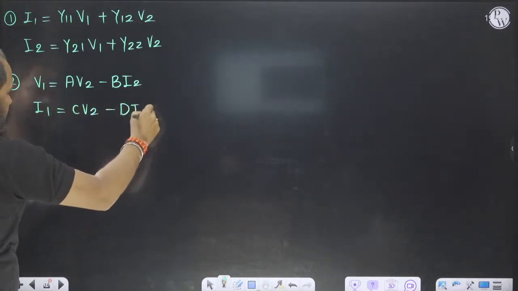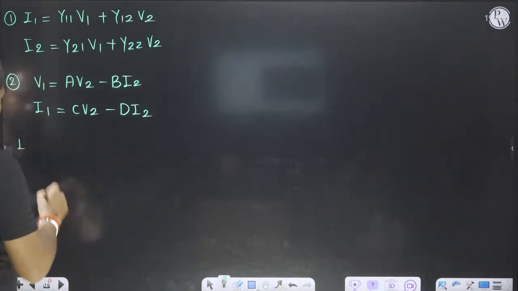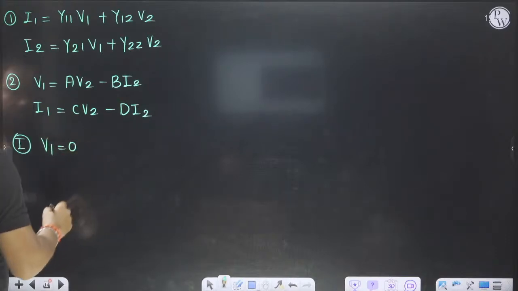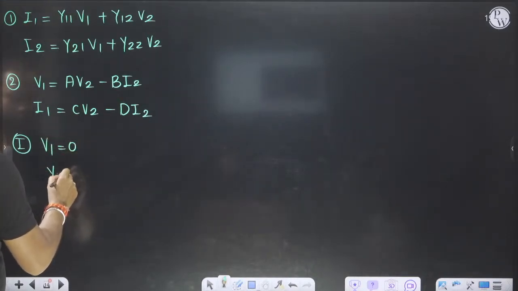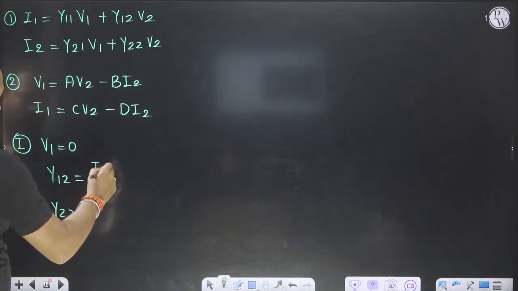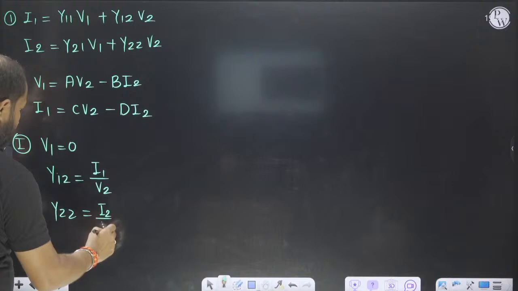Yes sir, like that. So the first case is case 1. Case 1 is V1 is equal to 0, so Y12 and Y22. Y12 is I1 upon V2 and Y22 is I2 upon V2.